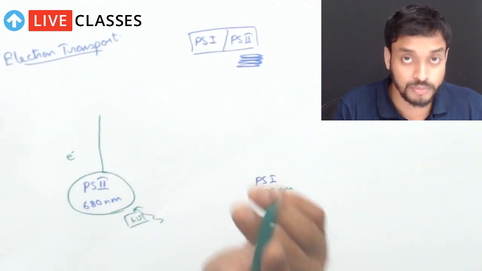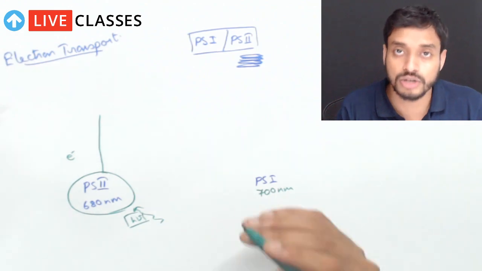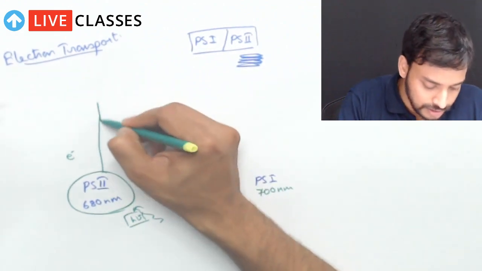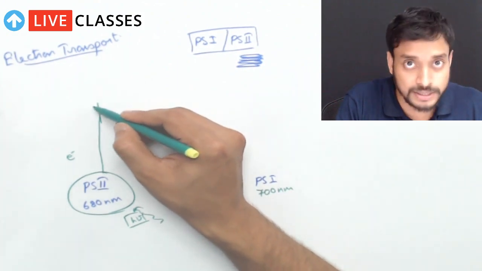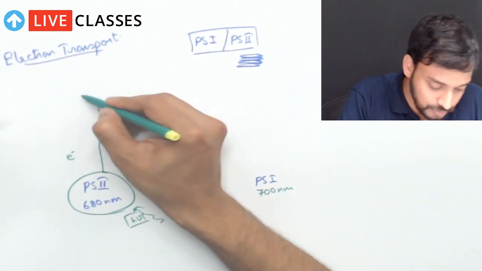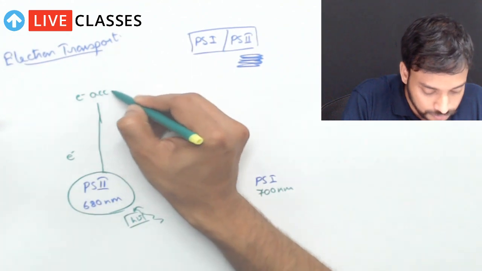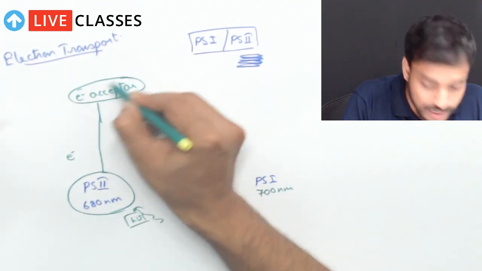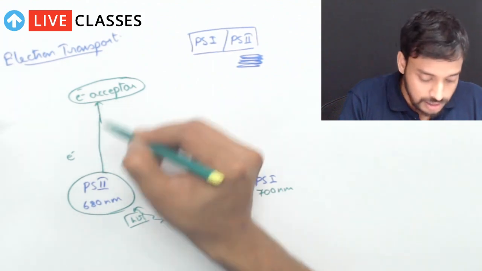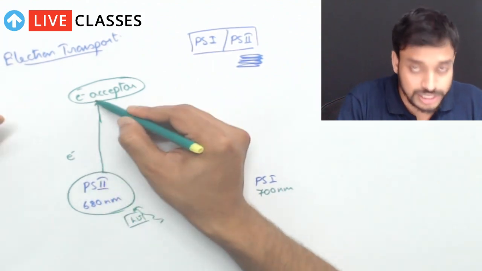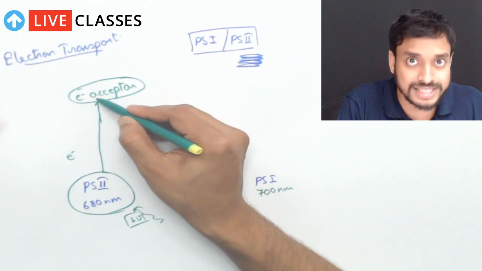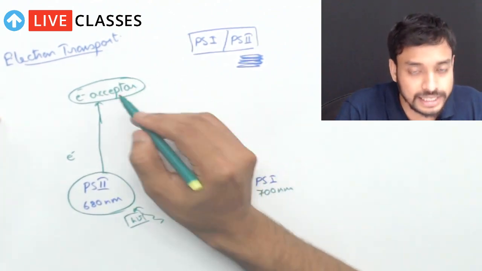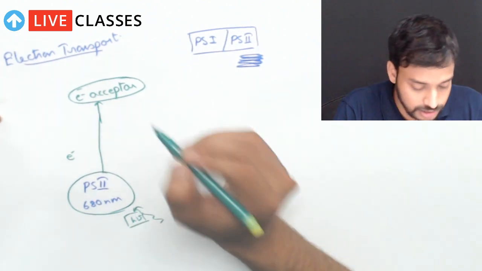You understand? Very importantly, here we have the electron acceptor. This high energy electron, released because of excitation, is now accepted by this electron acceptor. We'll talk in detail about what the electron acceptors are.